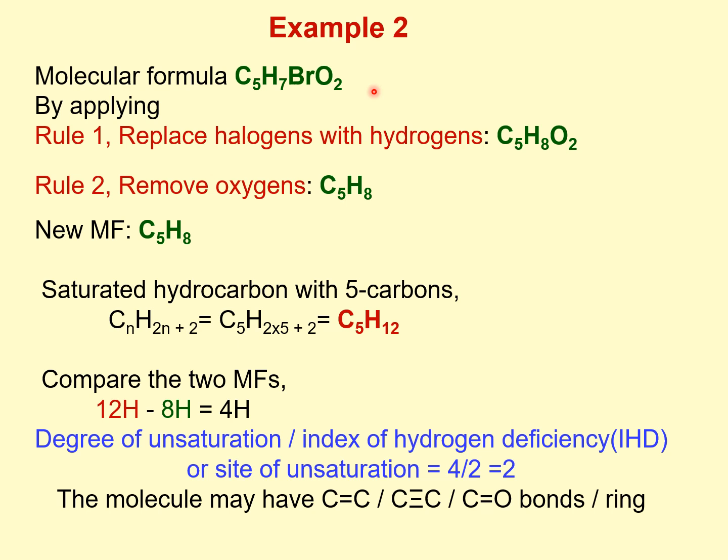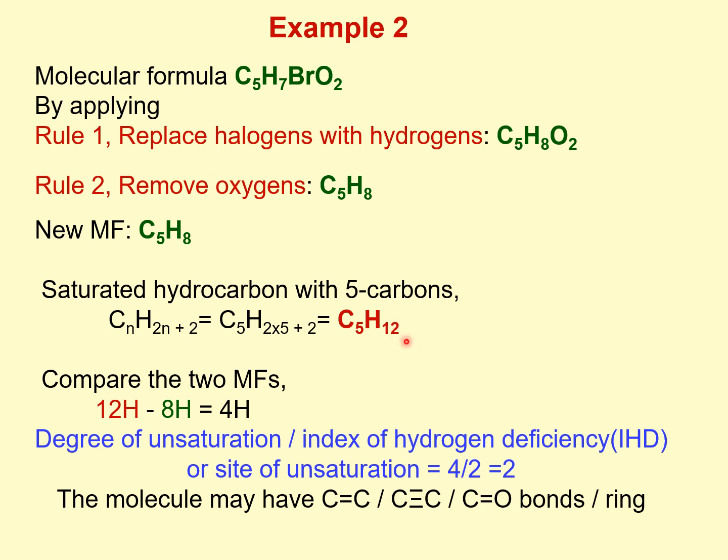Let us see the next example with molecular formula C5H7BrO2. By applying the first rule, Br is replaced by one hydrogen atom. By applying the second rule, we will omit oxygen so that the newly generated formula will be C5H8. The molecular formula of a saturated hydrocarbon with 5 carbons is C5H12.